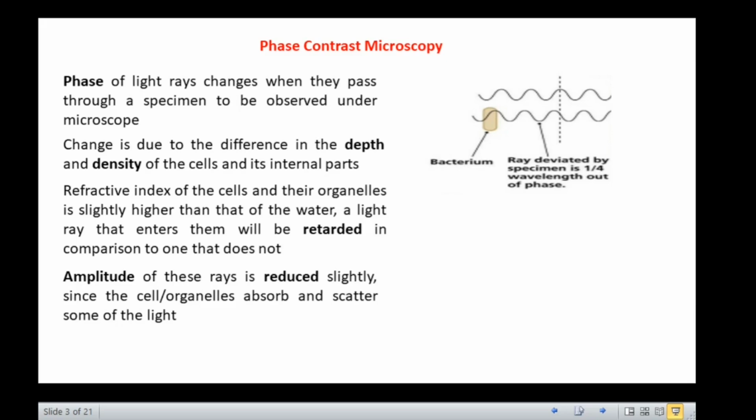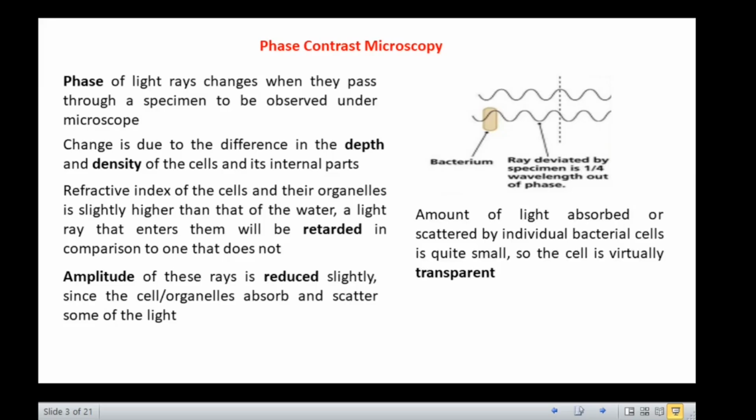Since light passing through a cell is retarded, the cell appears darker than the background. However, the amount of light absorbed or scattered by individual bacterial cells is quite small, and hence the cell is virtually transparent. Unstained specimens that do not absorb light alter the phase of the diffracted light by approximately 1/4 wavelength as compared to the undeviated direct light passing through or around the specimen unaffected.